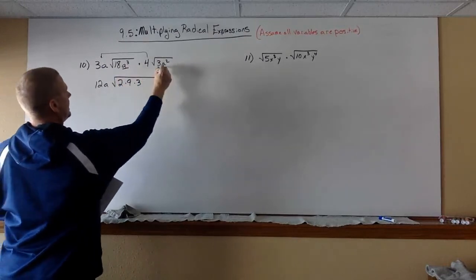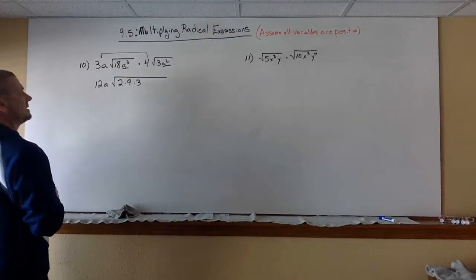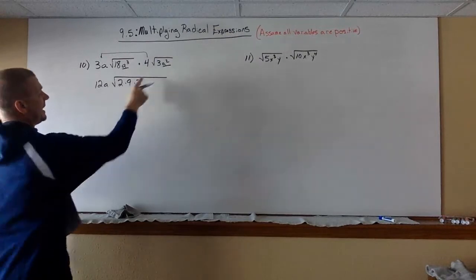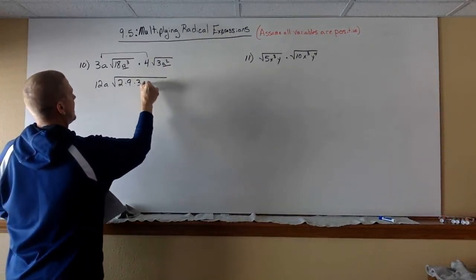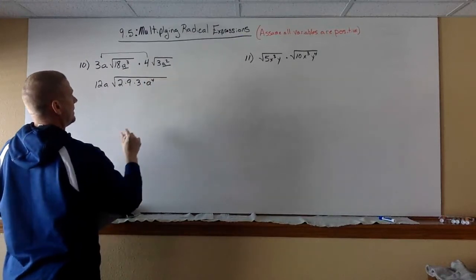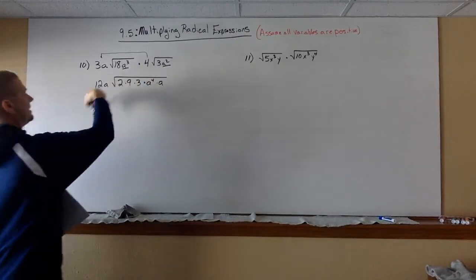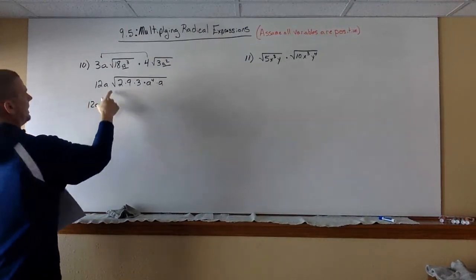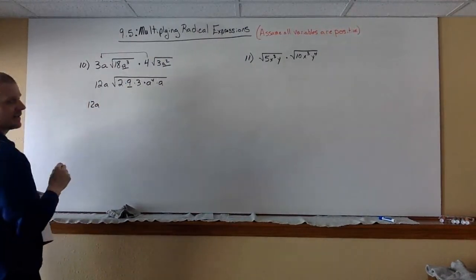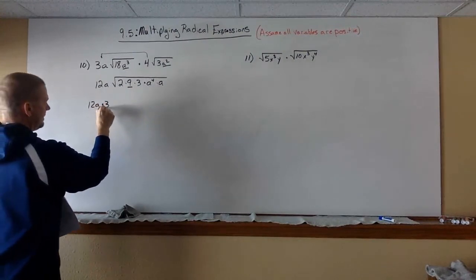But then I'm going to take these and multiply them together and see that's a to the third times a squared. That's a to the fifth. So I want to see that as a to the fourth times a, so I can take the perfect squares out. So I have 12a, and 9's a perfect square, so that's times 3.